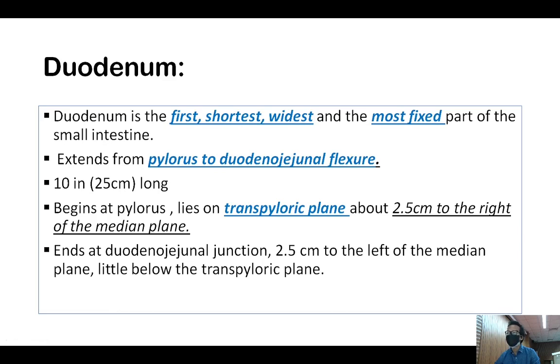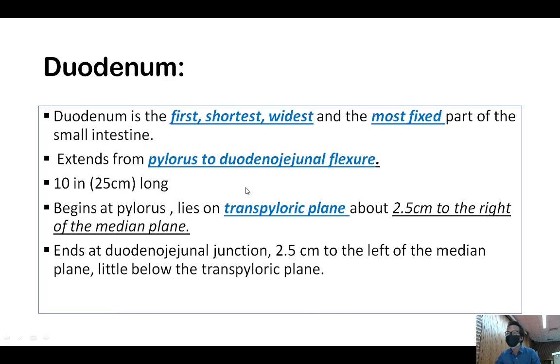They are not fixed, but duodenum is the widest and the most fixed part. Now we have seen the extension of small intestine from pylorus to the ileocecal junction. We are talking in specific about the duodenum.